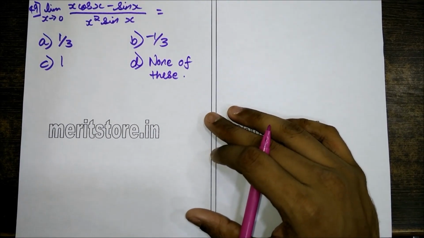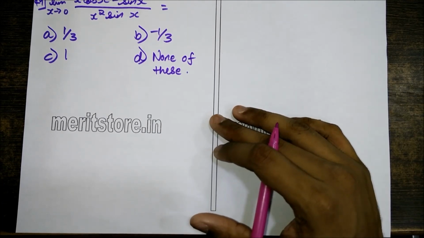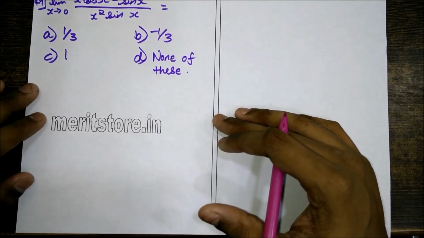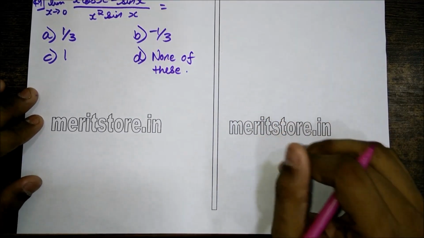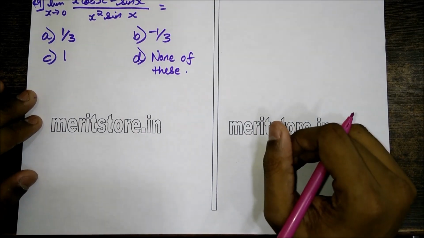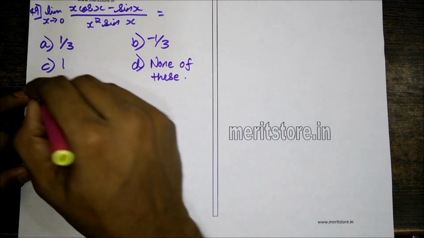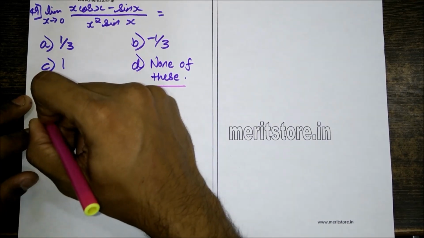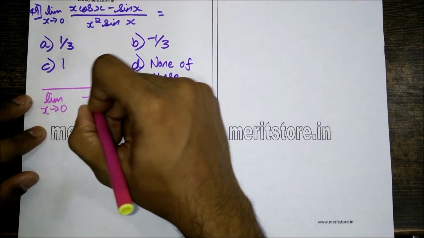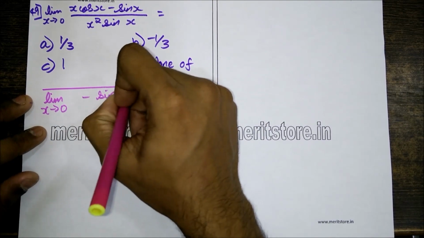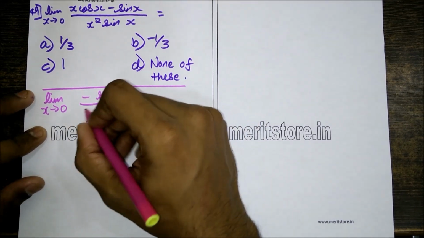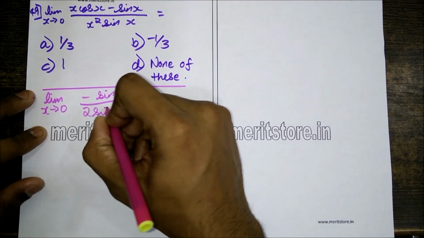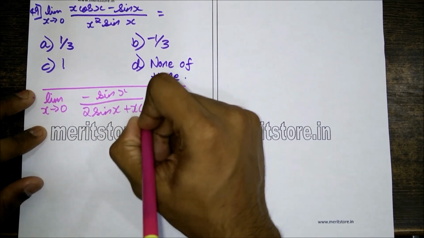Limit of x tends to 0, (x cos x minus sin x) upon (x square sin x) equals: a) 1 by 3, b) minus 1 by 3, c) 1, or d) none of these. So what we do first is we write it as limit of x tends to 0, minus sin x in the numerator upon 2 sin x plus x cos x.